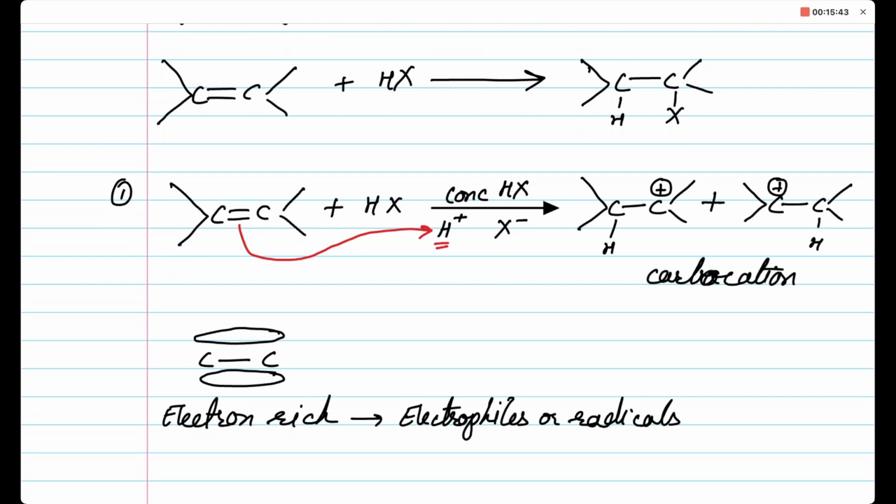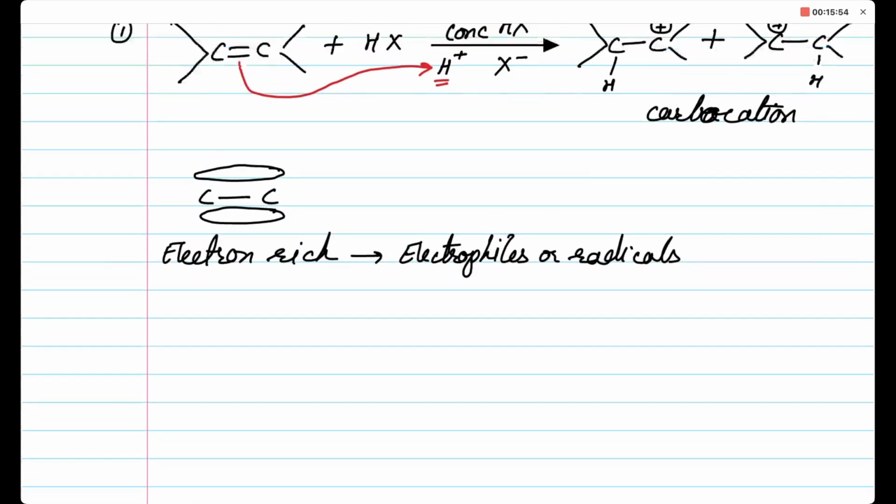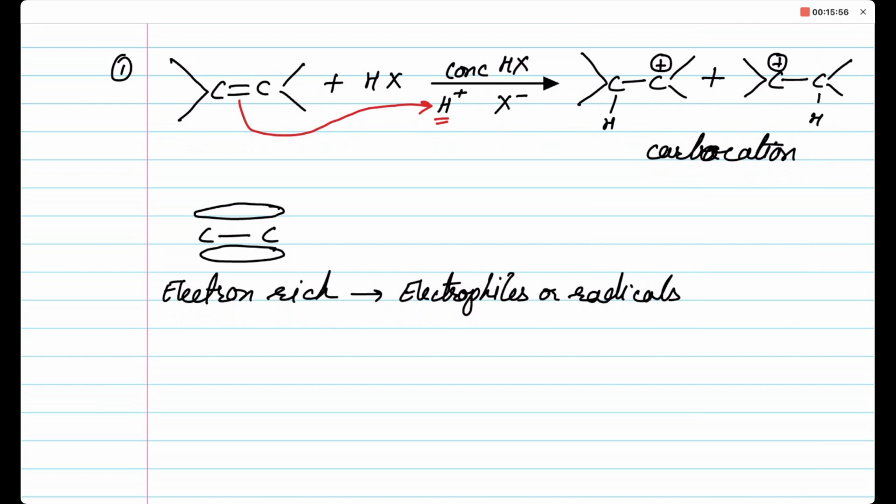But if it happens to be an unsymmetric alkene, then these two are going to be different carbocations. If we have different carbocations, then the stability of the carbocations is going to differ.